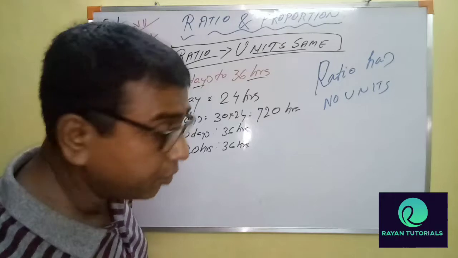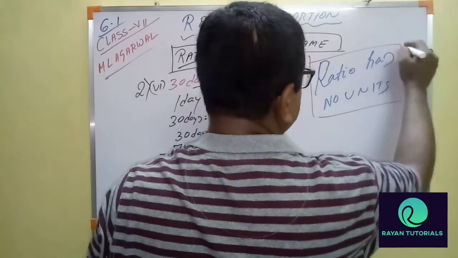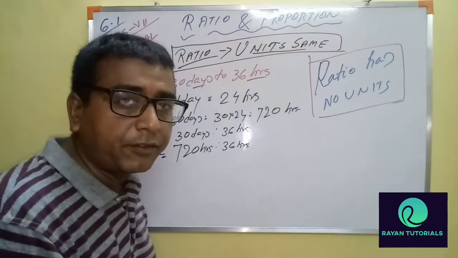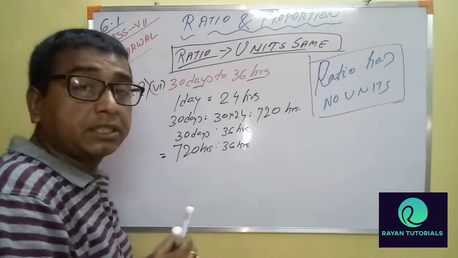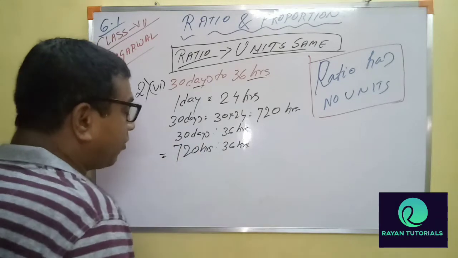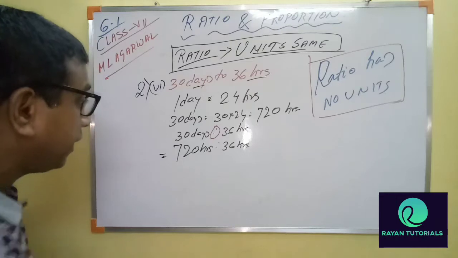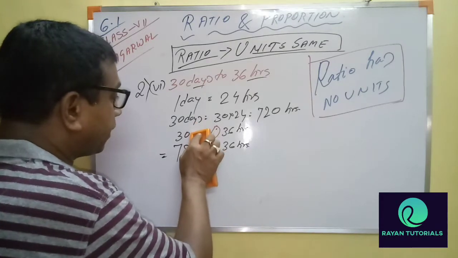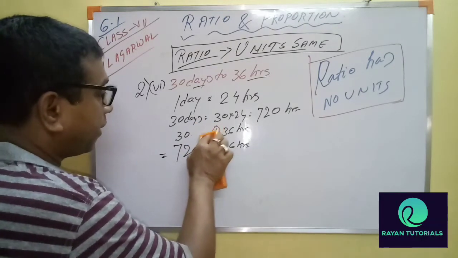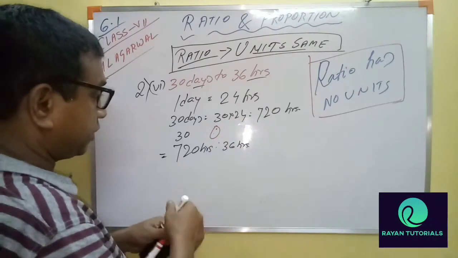Always remember, ratio has no units. So in the answer, if you write units, you will not get any marks. So whenever I use this sign, I cannot put any units.